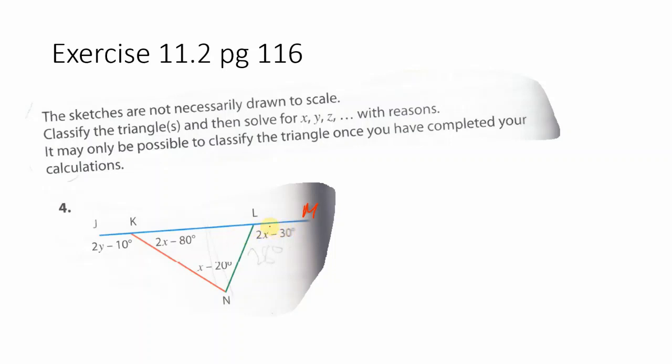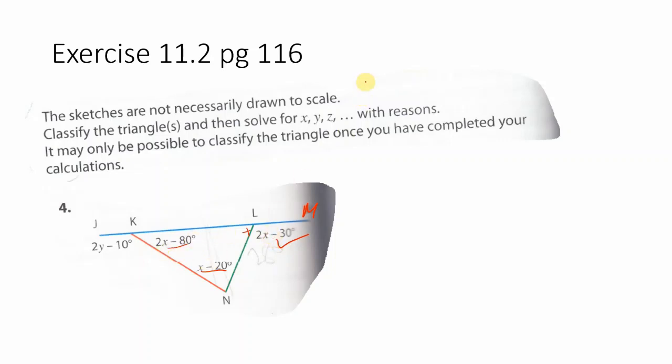But now I can see the one that I need to deal with is this exterior angle, because I don't know the size of the interior angle closest to the exterior angle, but I do know the other two, the ones furthest away. And if I add these other two angles, the ones furthest away from the exterior angle, it must equal the exterior angle.